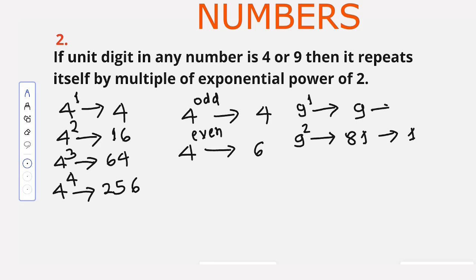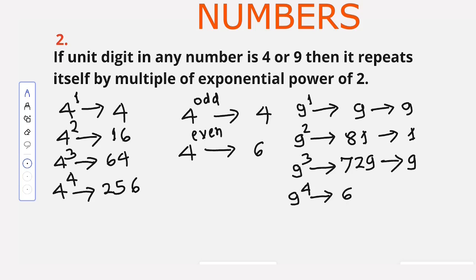Here the 1's place in 9 to the power 1 is 9, and 9 to the power 3 is 729 and the 1's place is 9, and 9 to the power 4 is 6561 and the 1's place is 1.